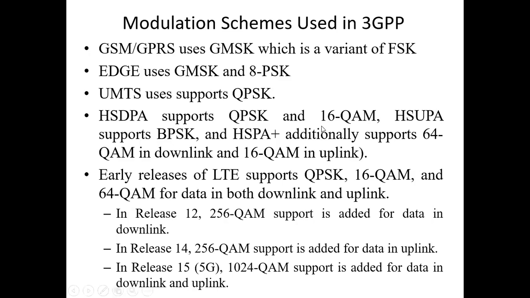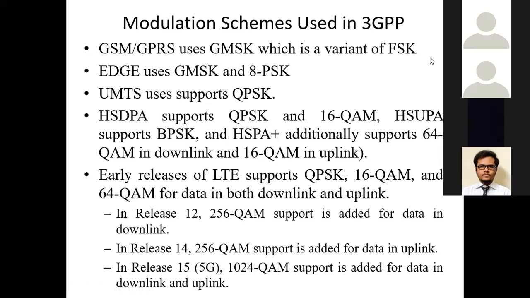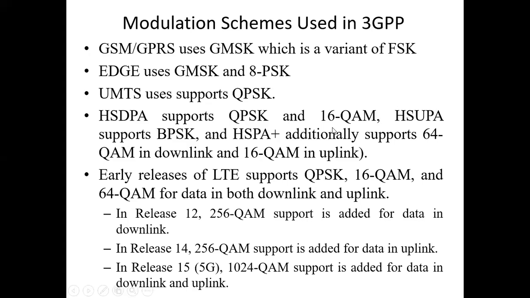UMTS uses QPSK, but I mean HSPA handles things more like what we want to discuss. Here in HSDPA, it was QPSK and 16 QAM before, but later they increased the number of possible levels.